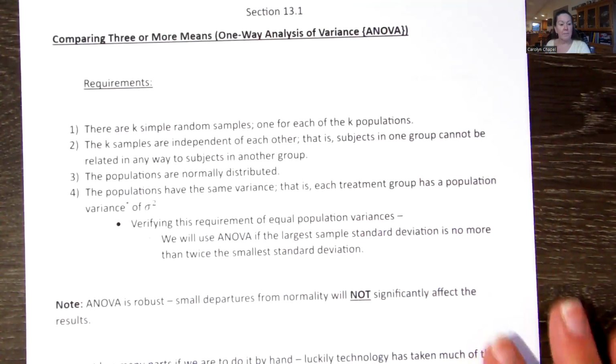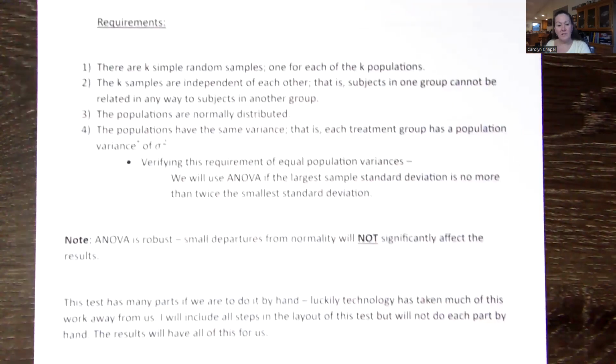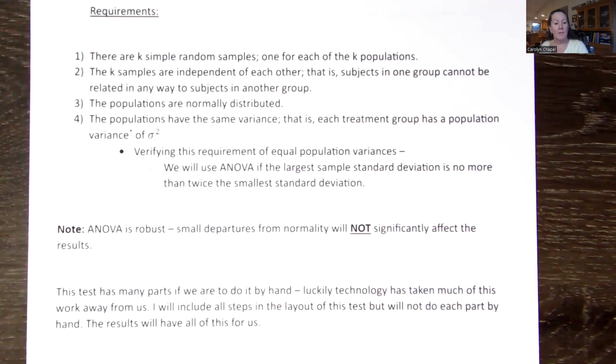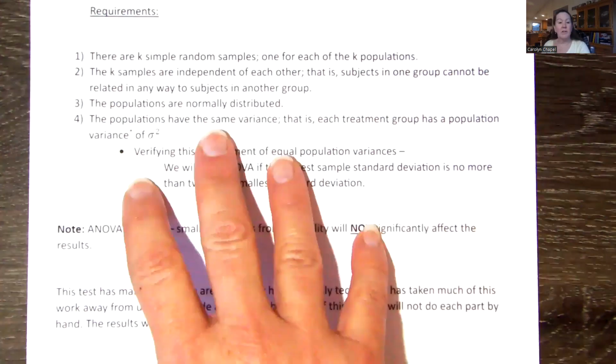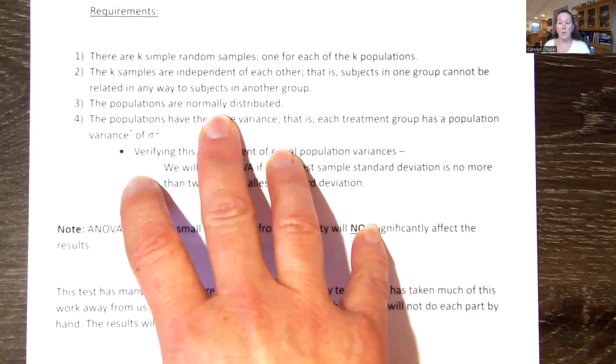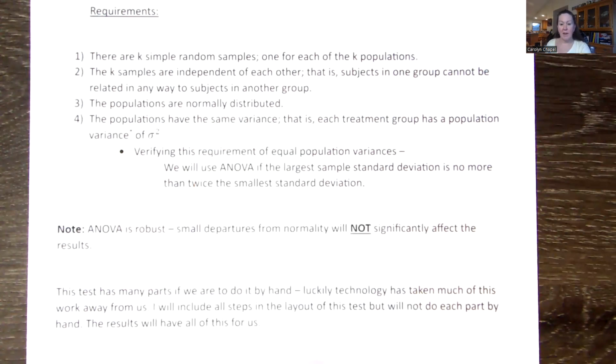So we'll kind of look at that. A note, just to kind of keep in mind, ANOVA is robust, meaning that if we have small departures from normality, it's not going to significantly affect the results. So when we're looking at being normally distributed, if it's close, we'll still be okay. So just kind of keep that in mind.